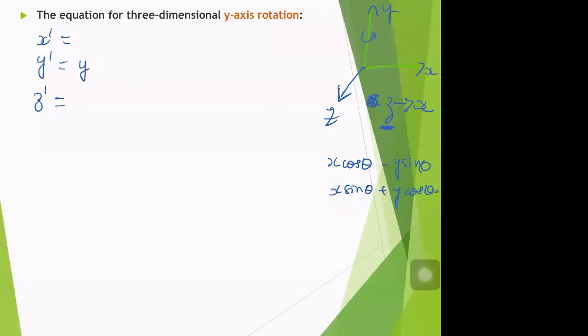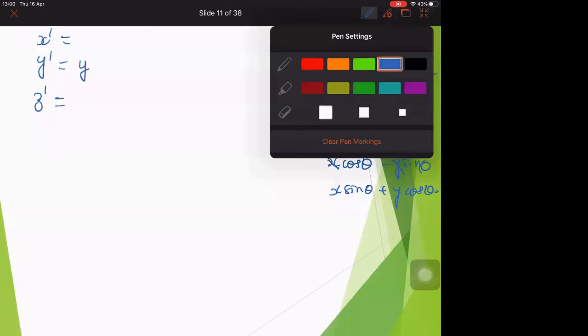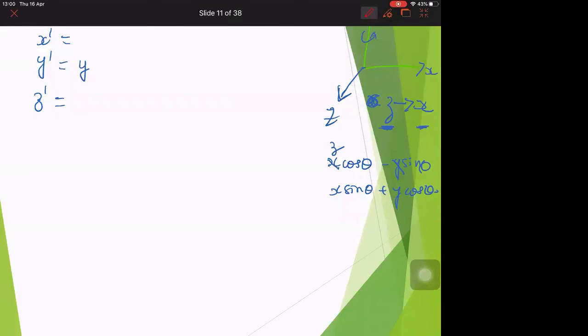Which axis is coming across first? Z followed by X. So all my X should be Z, all my Y should be X.